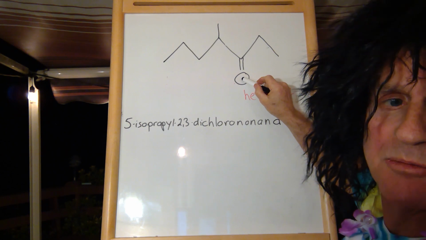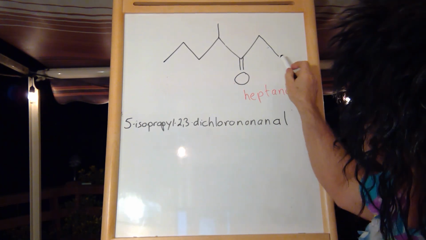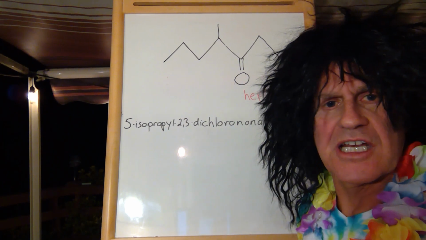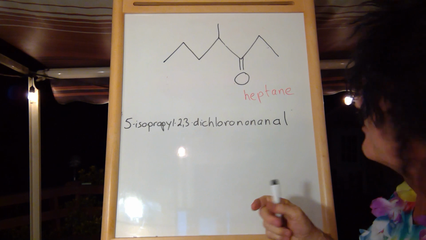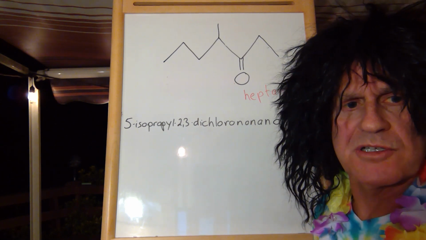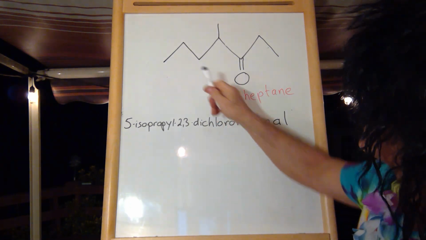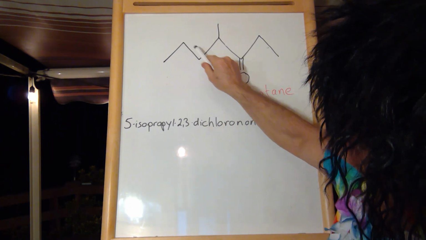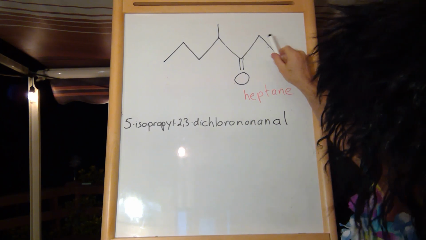So here we've got a double bond oxygen, and that double bond oxygen is not attached to one of the end carbons, so it's not an aldehyde. It must be a ketone because it's on one of the central ones. And what we do is choose the lowest possible number to name where that ketone is. And so it could be from this end, 1, 2, 3, 4, 5, or it could be from the other end, 1, 2, 3.